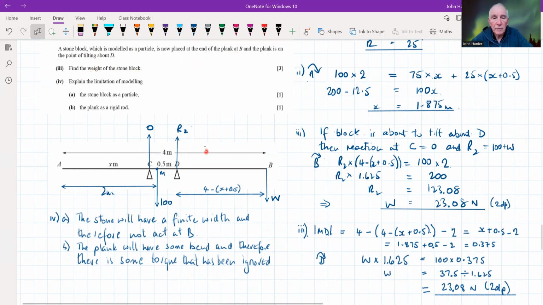Now, again, if we've got this kind of situation where the model has changed and we've got the weight here, these reactions have changed here, then redraw the diagram. If you adapt the original diagram that you've drawn, it could become a problem.